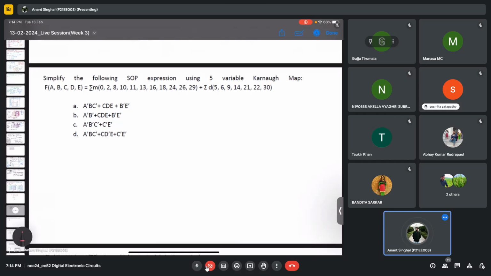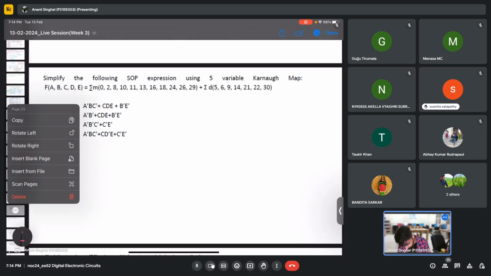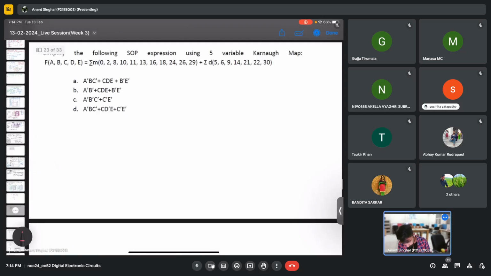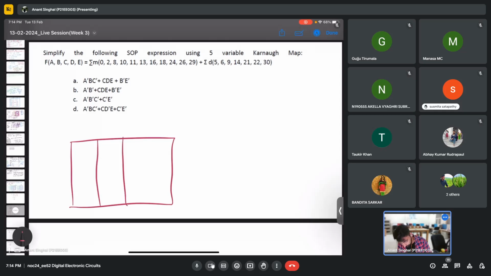Any answer? So let me solve the same simultaneously. So I'll make the K-maps again here only. This will be for A complement.